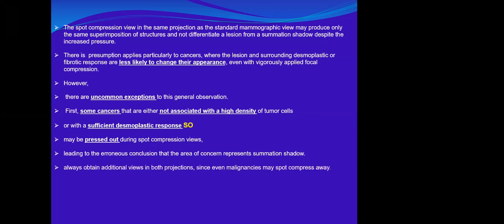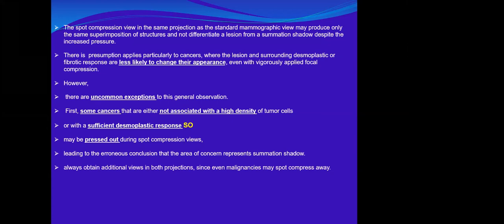And that is why we need to do different angle spot compression to avoid these challenges. Always obtain additional views in both projections, since even malignancies may spread away on spot compression.